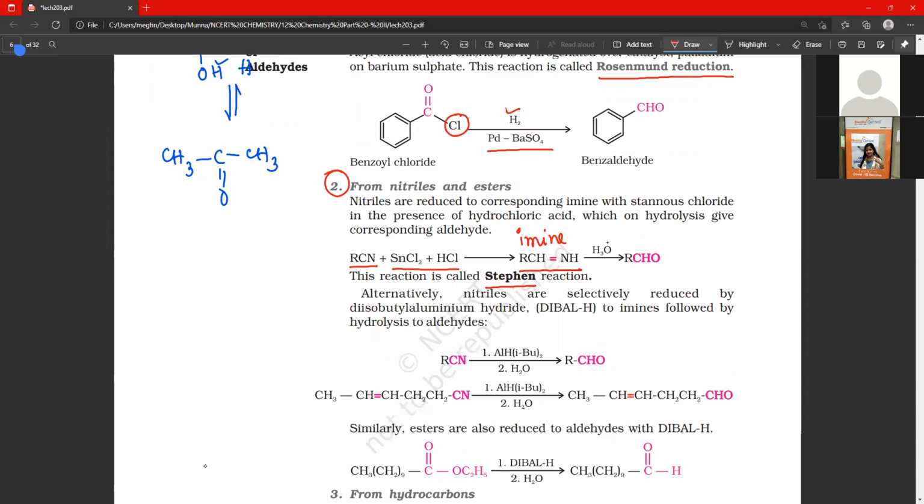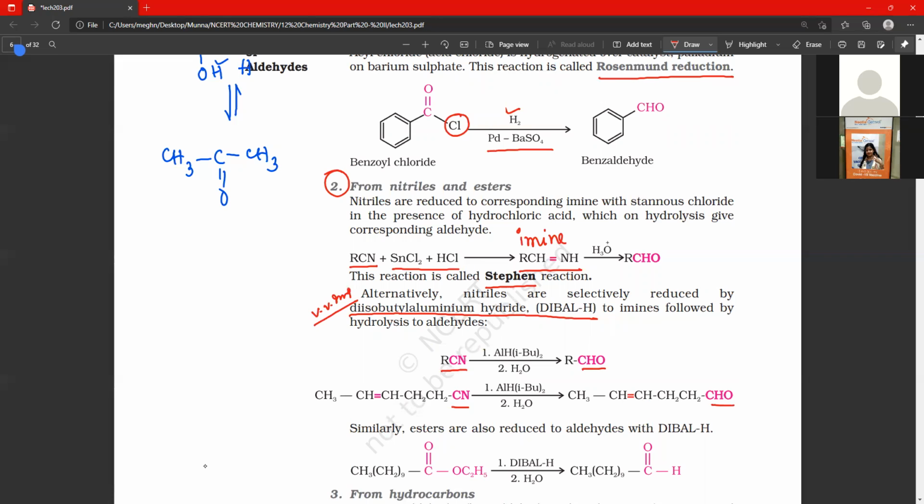Now, see, in every case we are doing the reduction. A very important reducing agent is diisobutyl aluminium hydride, DIBAL-H. Very, very important. I hope all of you are marking in your book. This compound can convert alkane nitrile, any alkane nitrile, to aldehyde group.